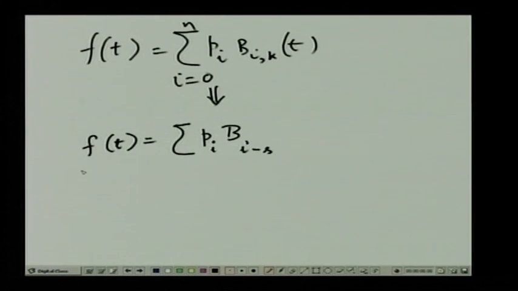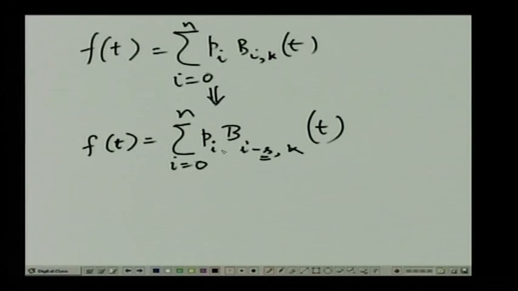So, I will take it B I minus S K t, again I will vary from 0 to n, and the value of this shift S will depend upon what is the value of k.